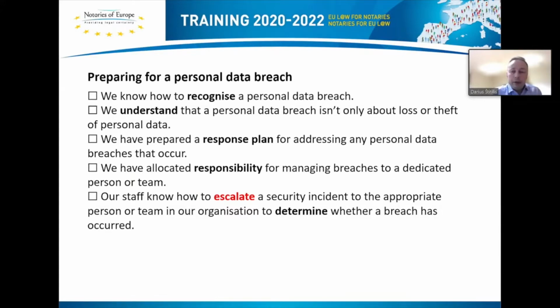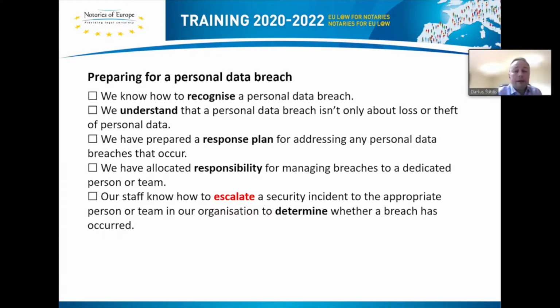This is a questionnaire which can help us to understand essential aspects you need to ensure in the preparation stage. For example, we know how to recognize a personal data breach. Yes, we understand that a personal data breach isn't only a loss or theft of personal data. We have prepared a response plan in case of a personal data breach.